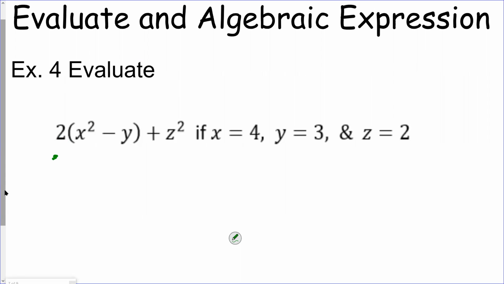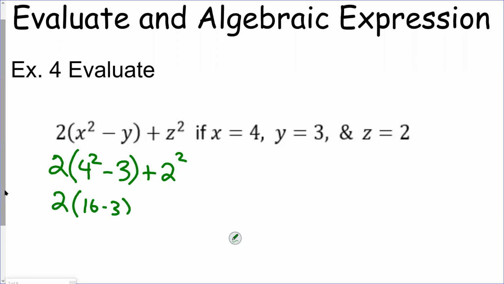So we're going to rewrite this, and we're going to replace the variables with whatever value they represent. So x is 4, so it's going to be 4 squared minus y is 3, plus z squared. Z is 2, so it'd be 2 squared. Now I have a mathematical problem. I need to use my order of operations to solve. Parentheses first. Inside the parentheses, we have exponents, so 4 squared is 16.